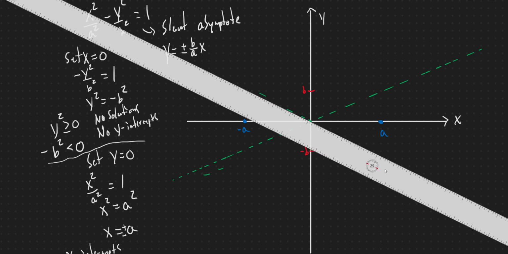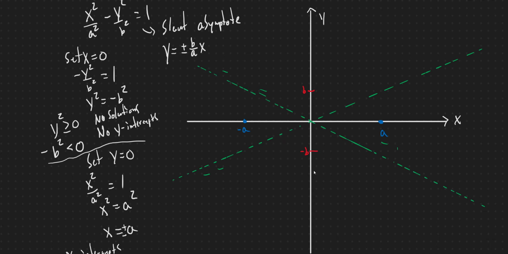Sometimes the whiteboard's a little bit finicky to work with. So this isn't the curve, these are the asymptotes. That's why I'm doing dashed lines for those. And now how I can draw the rest of this hyperbola, and this is really all I need to draw the hyperbola: I know it intersects here at negative a and a, and I know as x goes to infinity, my curve is going to approach the line y equals b over a x, and over here y equals negative b over a x.